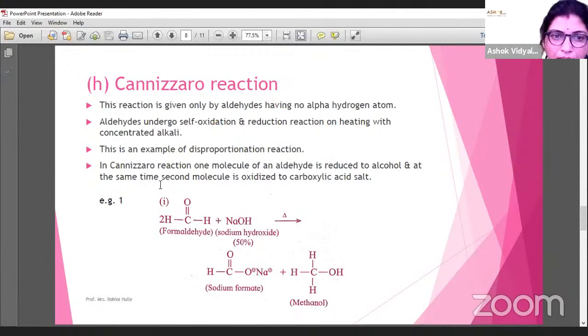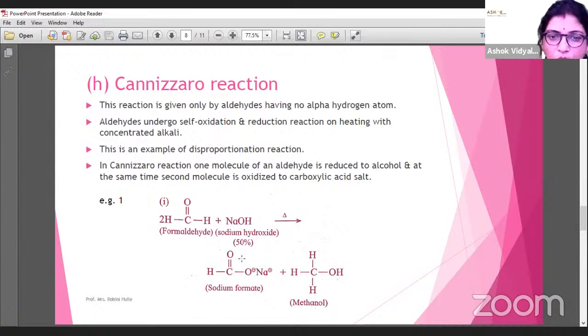Now see, in Cannizzaro's reaction, there are two molecules of aldehyde, two molecules of formaldehyde. HCHO is known as formaldehyde. One molecule of aldehyde is reduced to alcohol, that is methanol, and the second molecule is oxidized to a carboxylic acid salt.